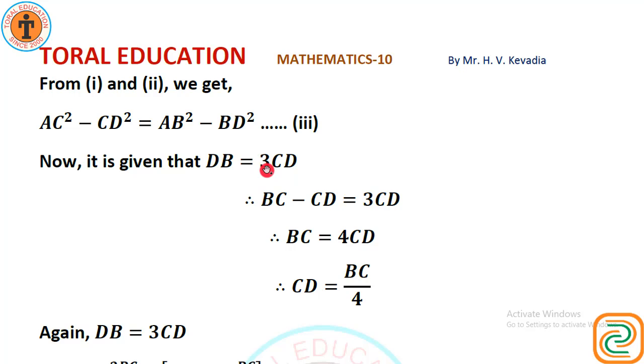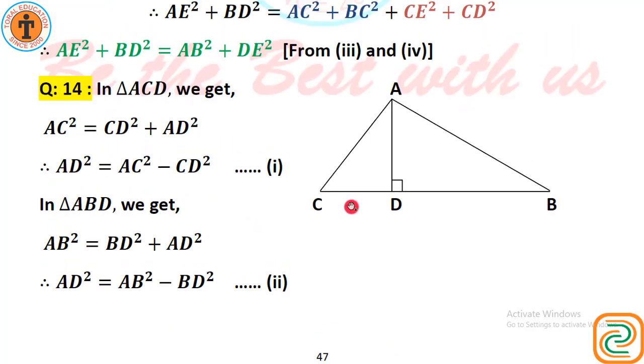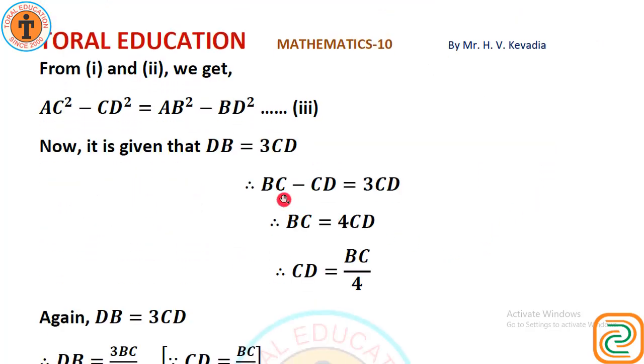Therefore, BC minus CD equals 3CD, because BD equals BC minus CD. Look at the figure. BD equals whole BC minus CD. So CD will go here, again it will be 4CD.